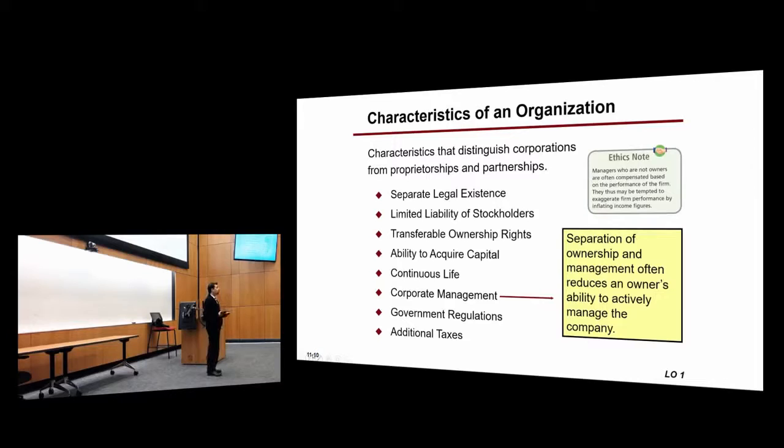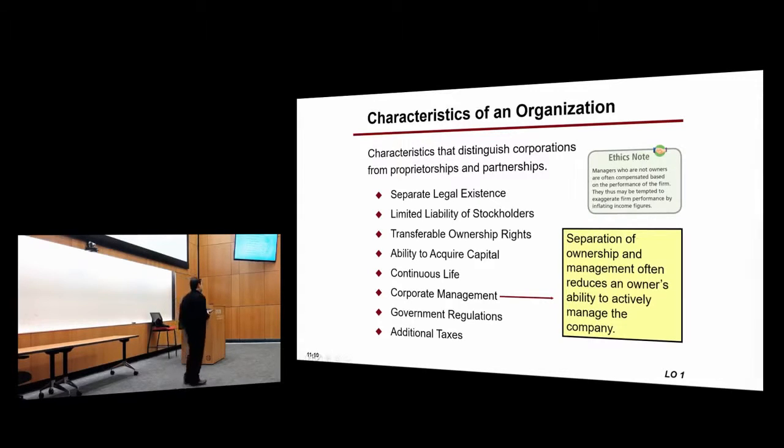With corporations, shareholders are separate from management. So for example, you as a shareholder do not have the right to buy inventory in the name of the company. In partnerships, usually a partner's actions are binding to the company. With corporations, there's a separation.